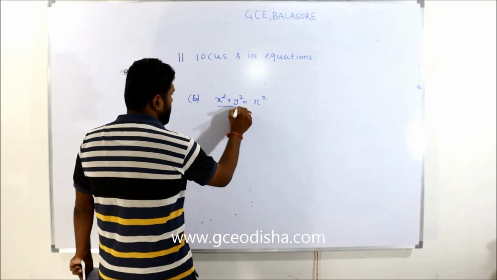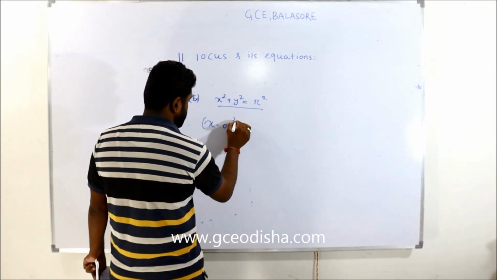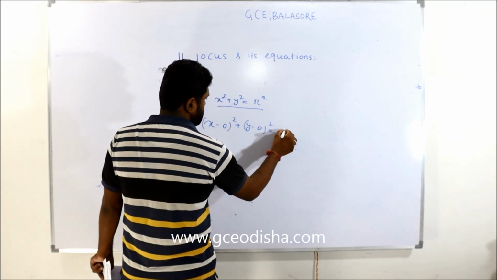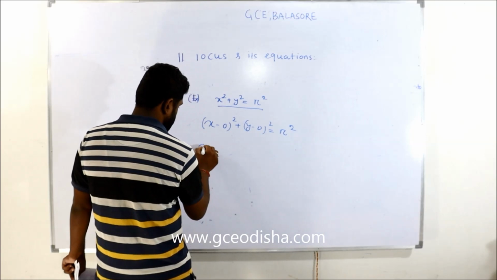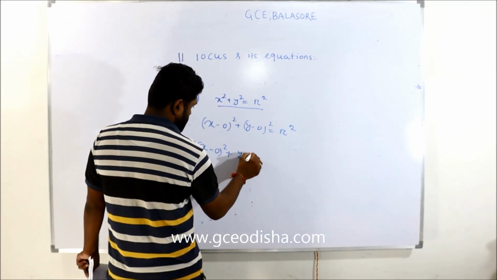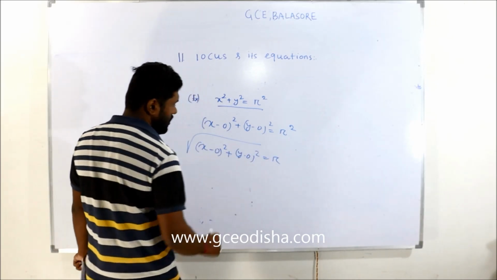Okay, this is x minus 0 square plus y minus 0 square is equal to r square, then square root of x minus 0 square plus y minus 0 square is equal to r.